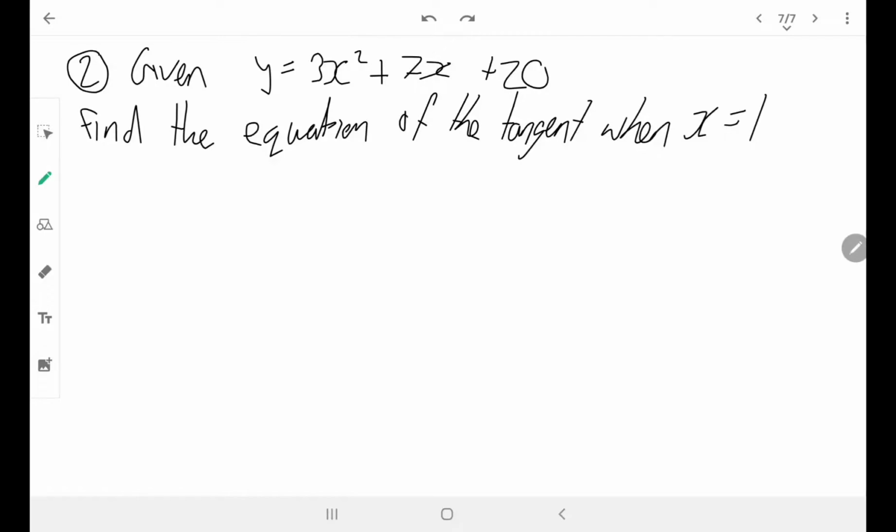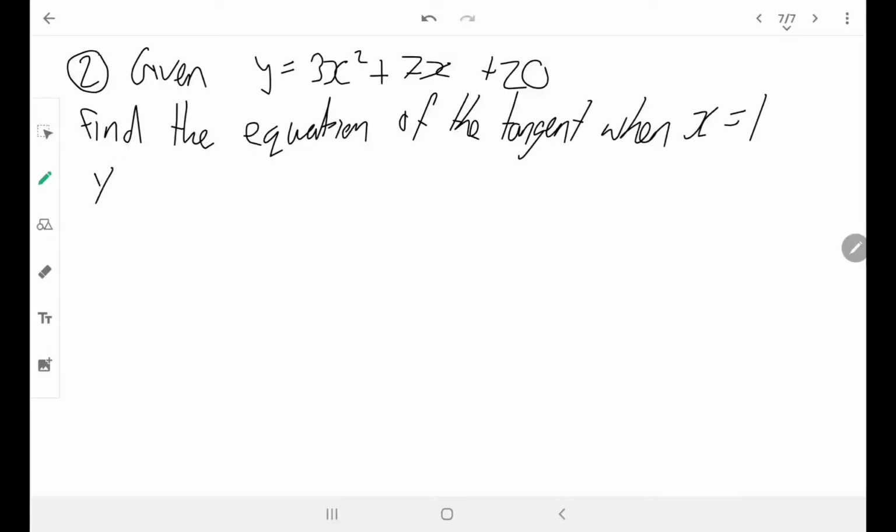Let's have a little look at question 2. So given y equals 3x squared plus 7x plus 20, find the equation of the tangent when x equals 1. So the first thing I'm going to do is find the value of y. But you could find the gradient or dy dx first, it doesn't matter. But I'm going to do y first. So we're going to plug in the value of 1.